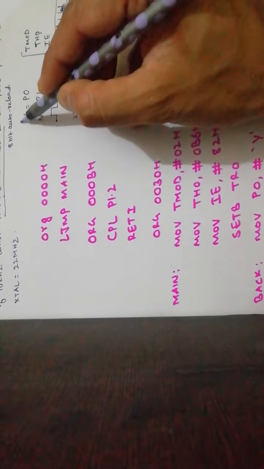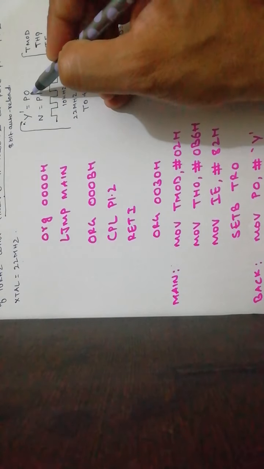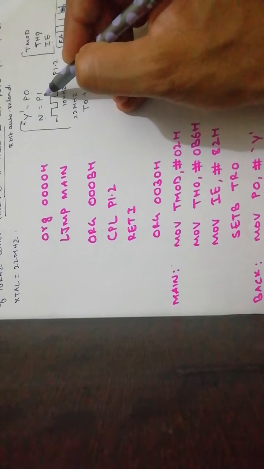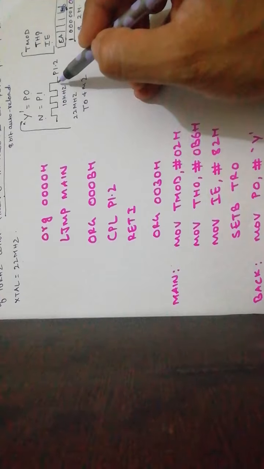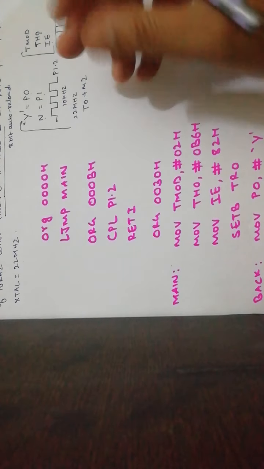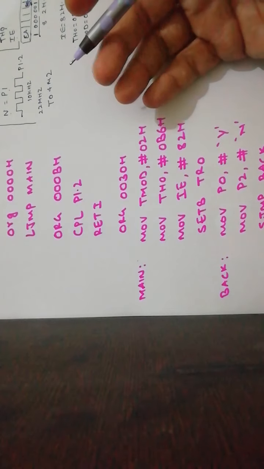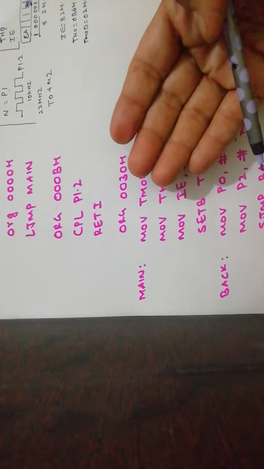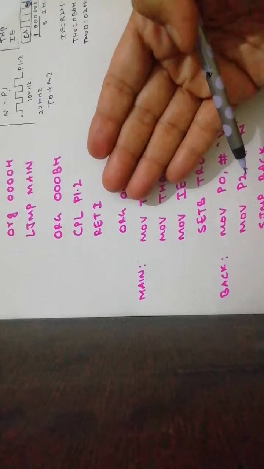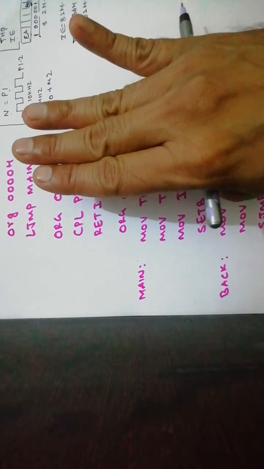Now there are three tasks here. One, you have to load Y in port 0, N in port 1. Parallelly, you need to generate a square wave of 10 kilohertz frequency. Now we'll see timers and interrupts. A normal program will be executing, and when there is an interrupt, it will stop executing the main program temporarily.